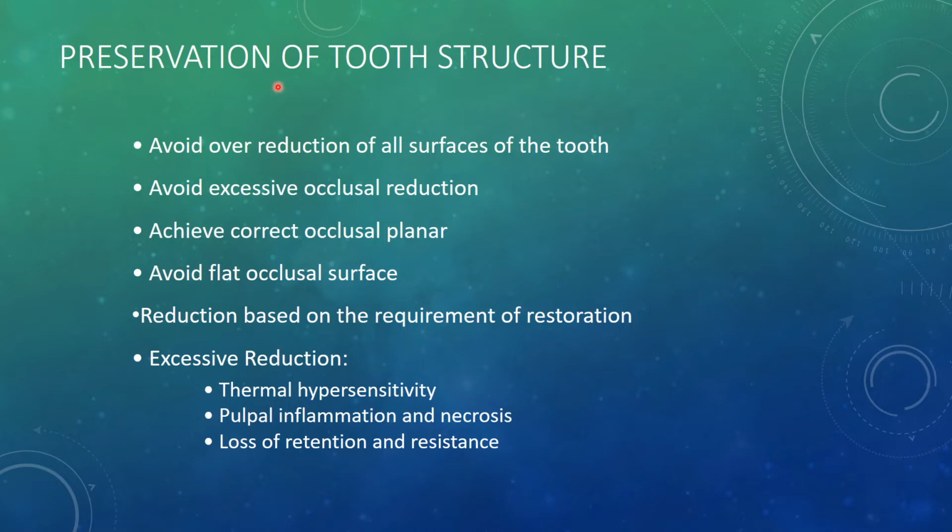So guys, in short, you're supposed to take care of the tooth structure and avoid over contouring, preparing structures which are not required, meaning preparing excessively. Giving an all ceramic margin in a PFM crown will not help, and vice versa. Understand, right? So you're supposed to avoid any excessive reductions.